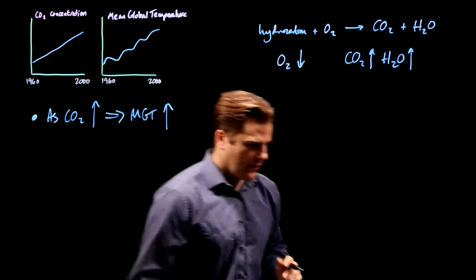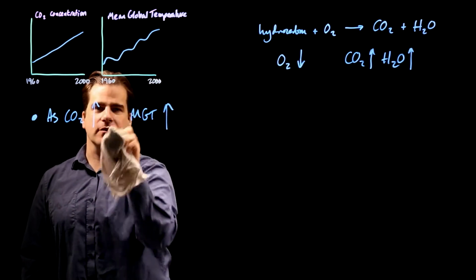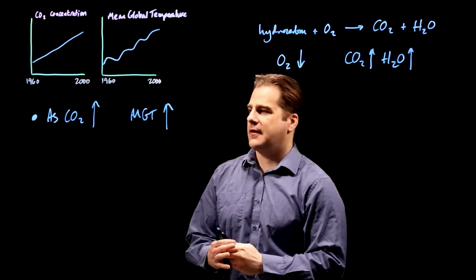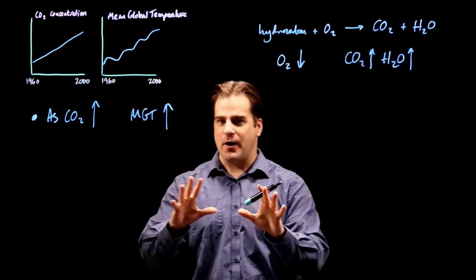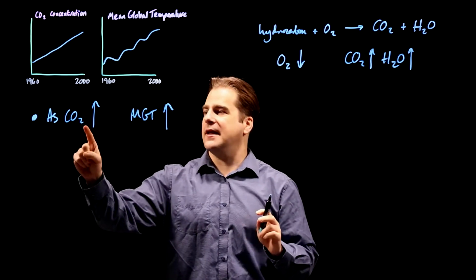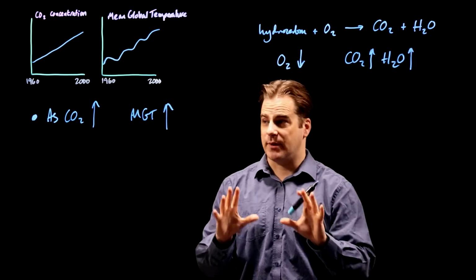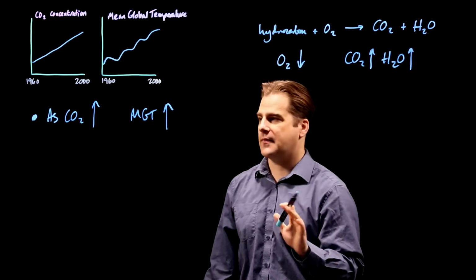You know what? I'm going to rub out that sign, because that implies, that's the therefore sign, isn't it? And I'm going to get to this in a minute. But the reason I rub that out is it implies that CO2 is causing an increase in global temperature, and we can't actually say that from this data.